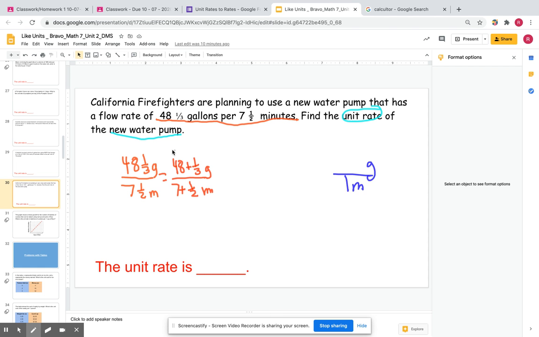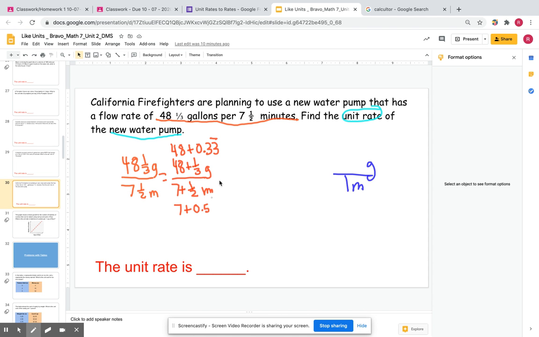So you're going to rewrite the 48 again, plus 1/3. Go ahead and convert that to a decimal, and that's 0.33. And it actually repeats a lot, so I'm putting a little bar to let you know that it's going to repeat. The 7 stays the same. You're going to put a plus. The 1/2 in decimal form is 0.5.